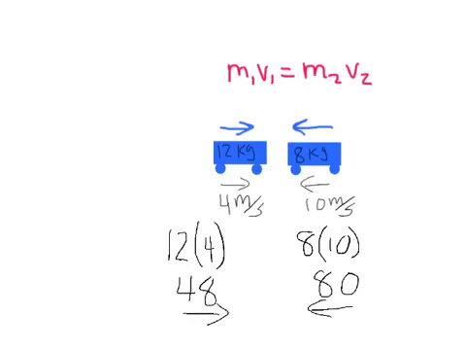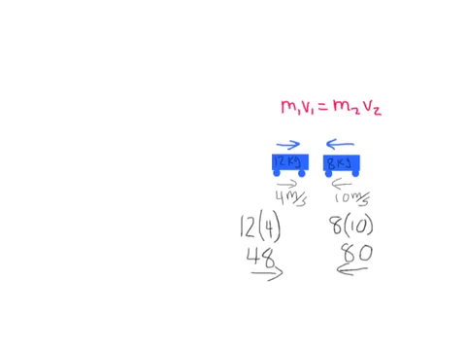Now, since they are going in opposite directions, we'll have to subtract the two, which gives us a total of 48 minus 80. 48 minus 80 is going to give us negative 32. All that means is it's going in the opposite direction.